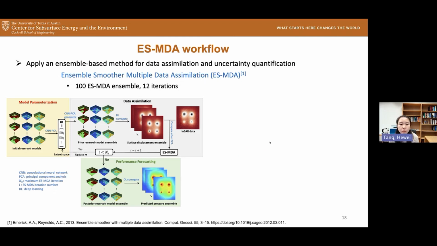With this surrogate model in hand, we then plug it into a history matching workflow. The history matching engine we use is called ESMDA.